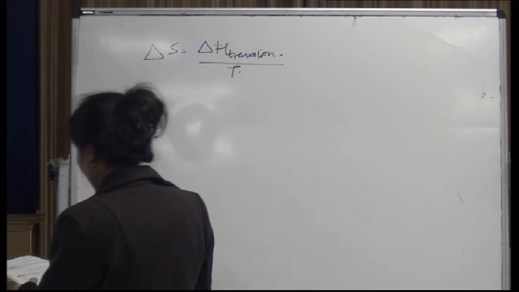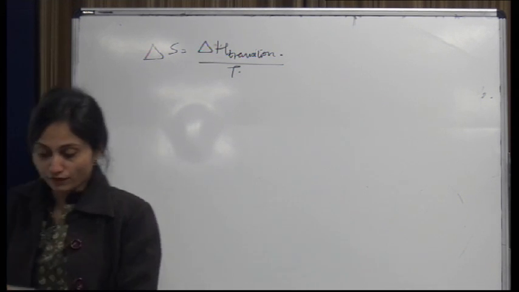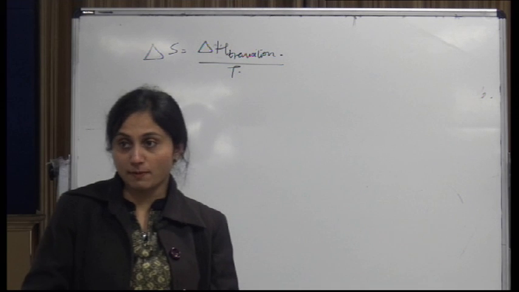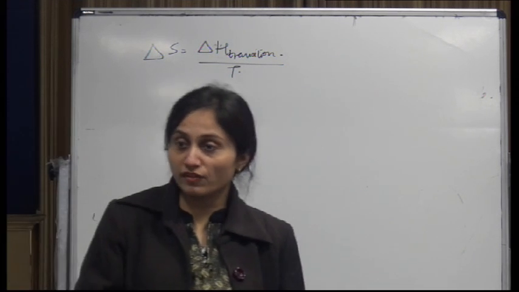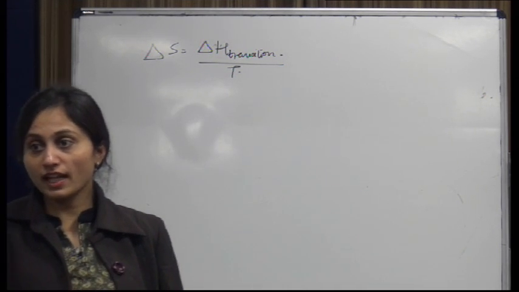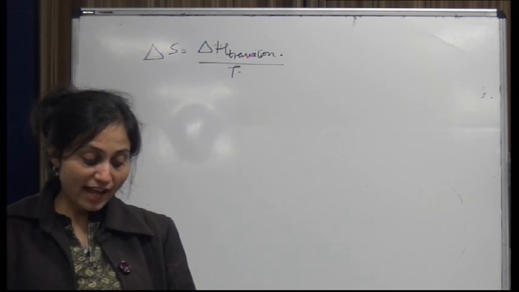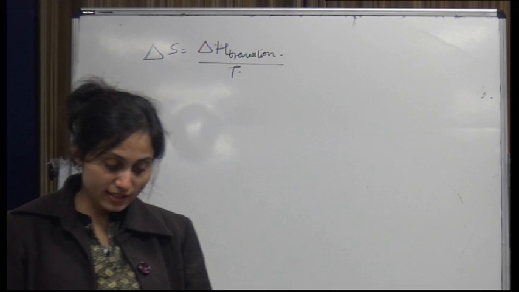Then another question. Calculate the entropy change involved, so delta S involved for isothermal reversible expansion of 5 moles of a gas. So n is equal to 5 moles now.